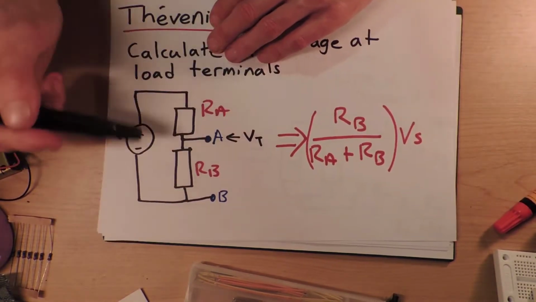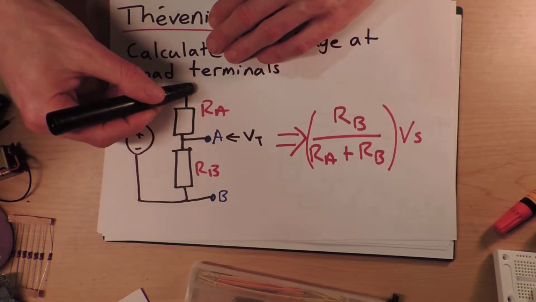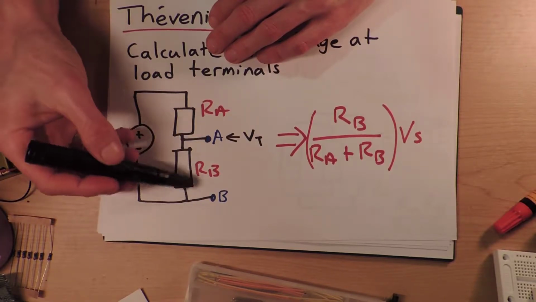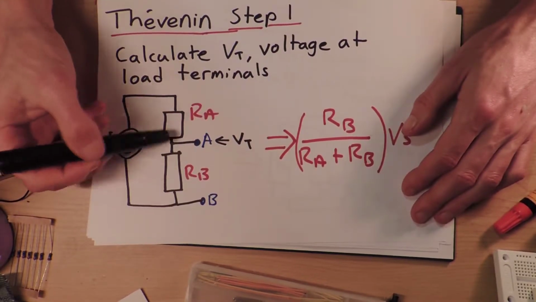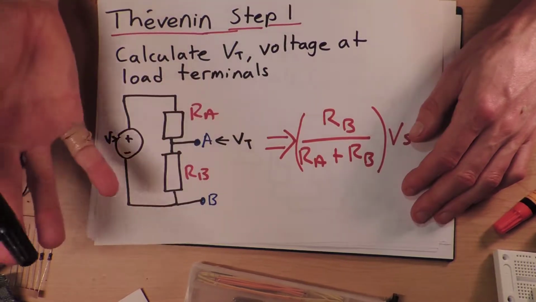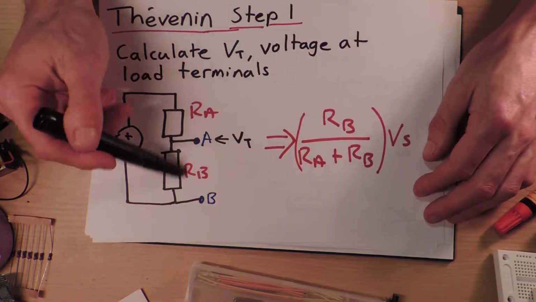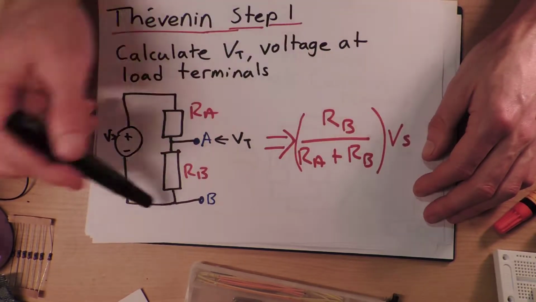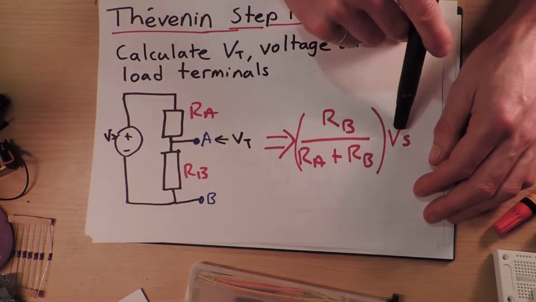So this is the ground here, this is 0, and then we've got the supply voltage coming in here, and we've got a resistance here and a resistance here, and so the voltage is going to be the ratio of these two resistors times the voltage supply. So that's just a standard voltage divider circuit. In this case, it's going to be the resistance across here times the total resistance across both of them, multiplied by the supply voltage.